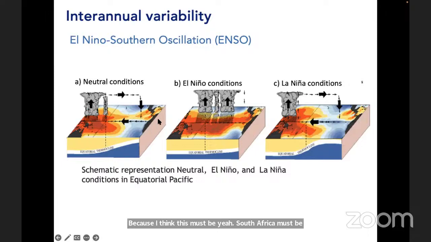Okay, so this ocean plays a huge role in this interannual variability. Normally, this part is a little bit warm. If you look around here, just this coast, the Peru coast, it is normally a little bit cold. So because it's cold there, it's warm here.